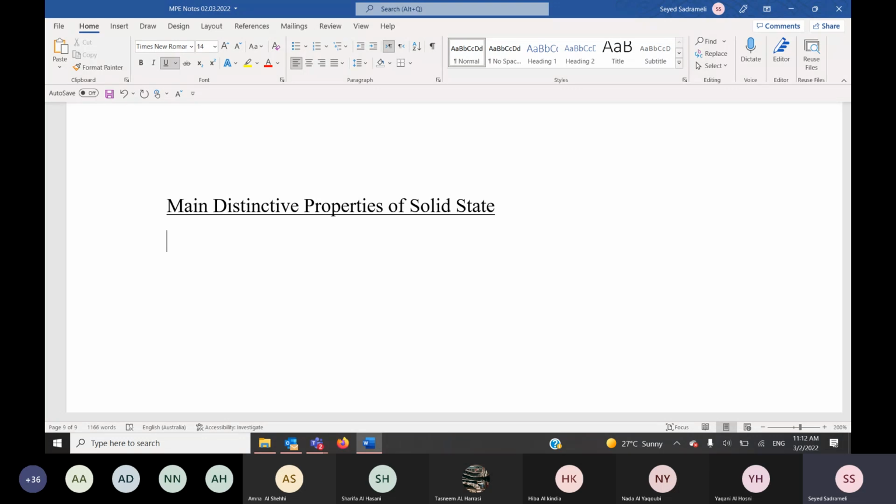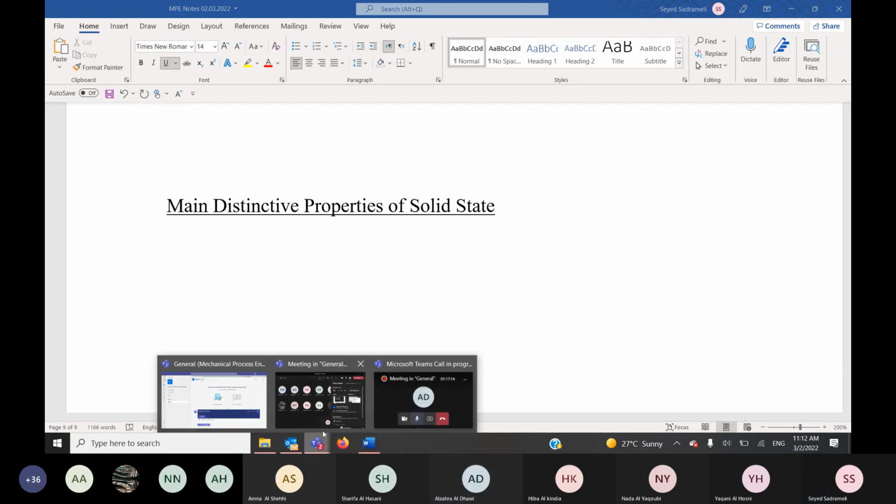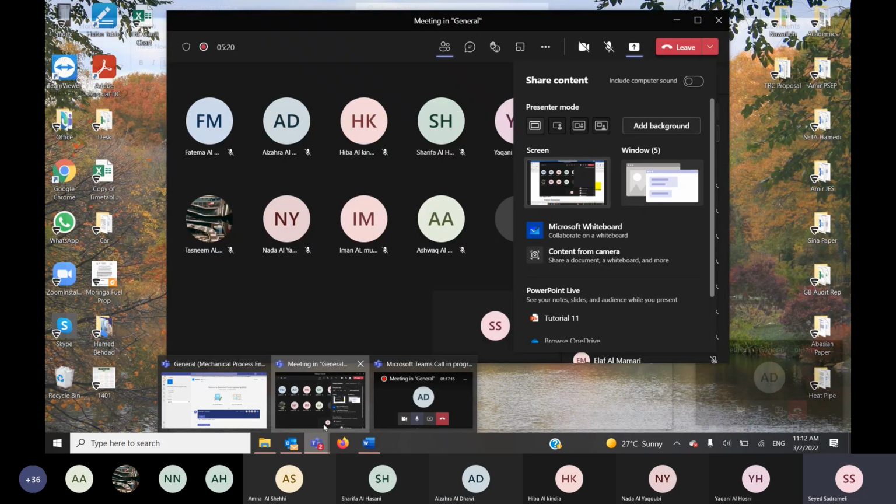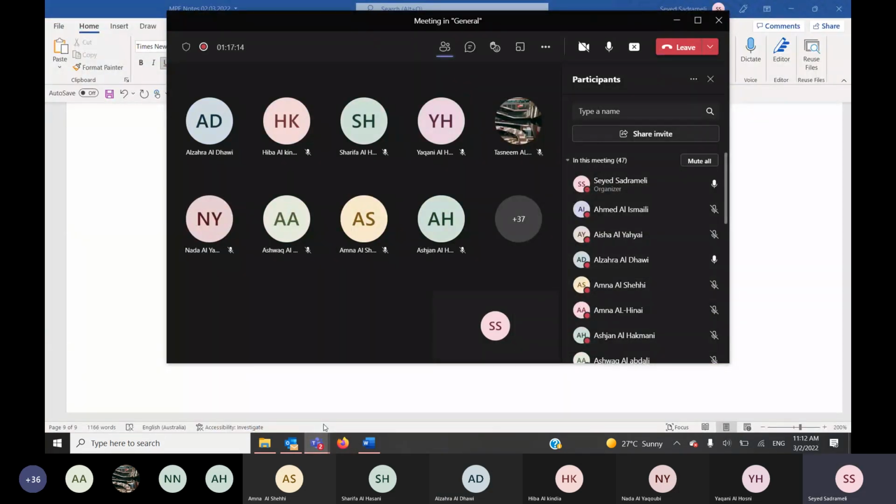Have you ever worked with the solid particles at home? The solid has a defined shape. Defined shape.